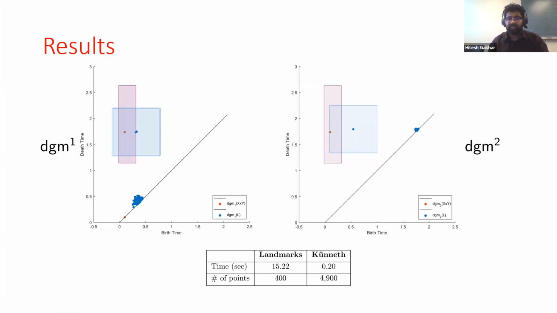These are the confidence regions where we are certain that the ground truth lies. On average, this red box is farther away from the diagonal, so there is a much higher probability of the ground truth being away from the diagonal, compared to the blue box, which gets very close.